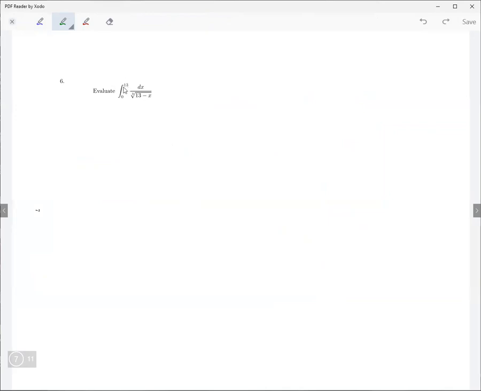If you plug a 13 in this function right here, and I'll write it as 13 minus x to the 1/3, because that's the cube root, it is not continuous when x is 13, because when you plug a 13 in, you get 0 in the denominator.